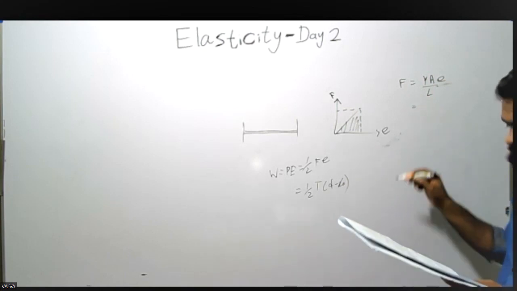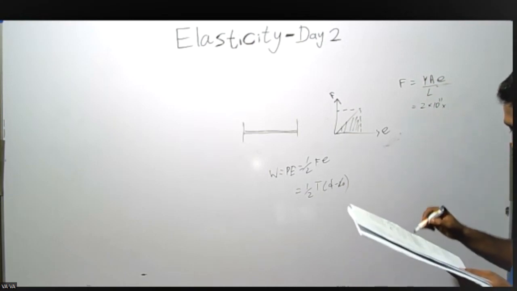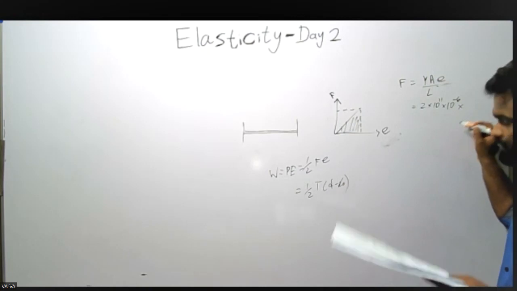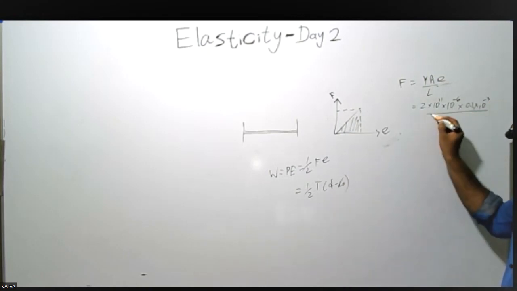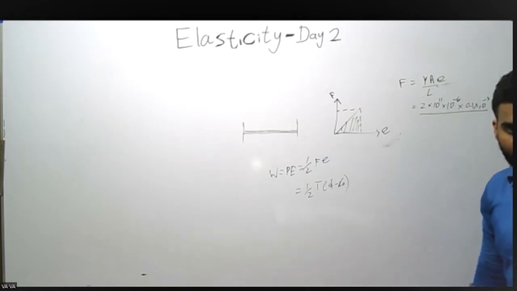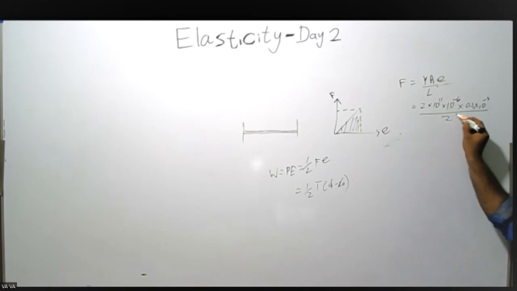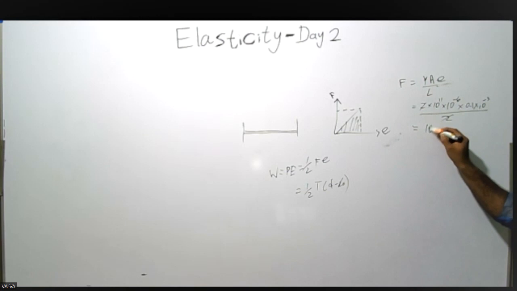Two times 11 minus 6, extension 0.1 times 10 to the power minus 3, divided by L. Okay, let's see. 2 cancels off, 10 to the power 5, 10 to the power 2, 10, right?